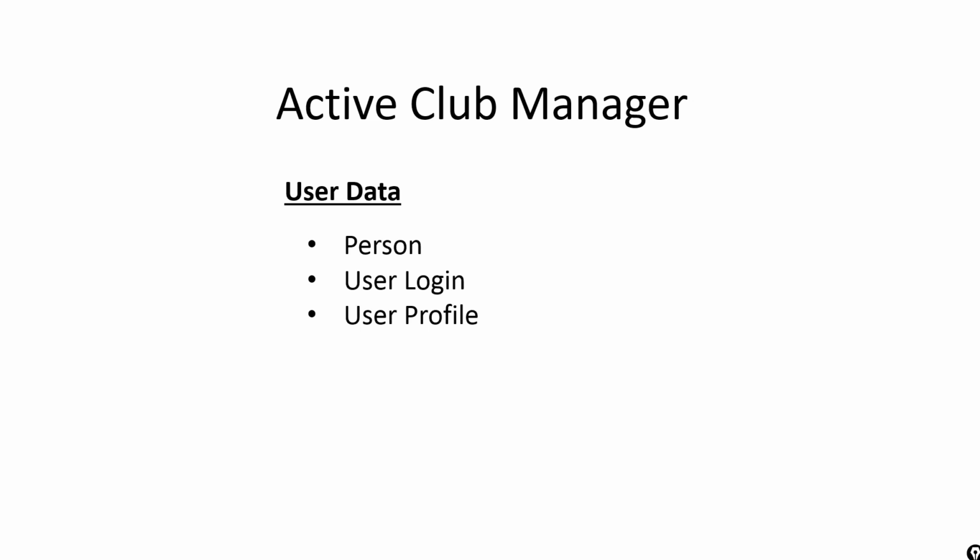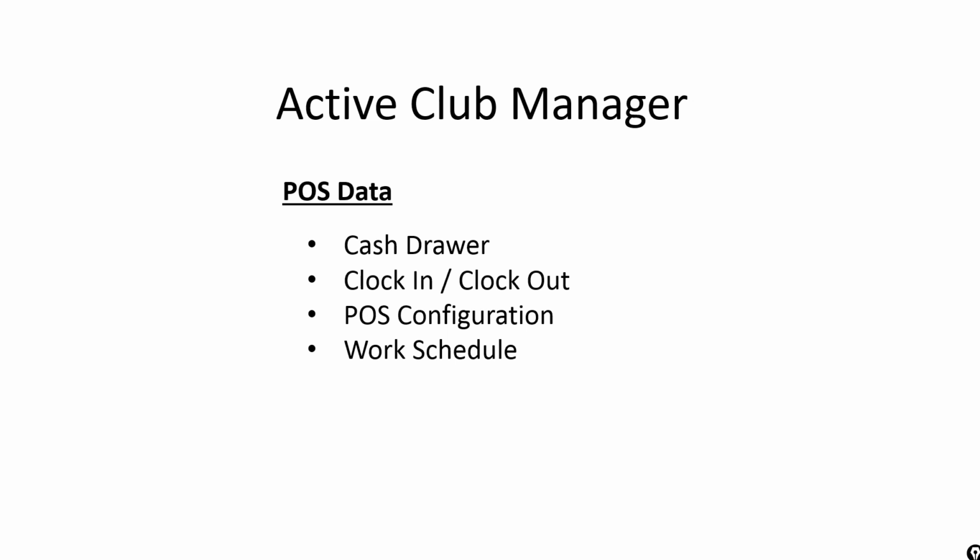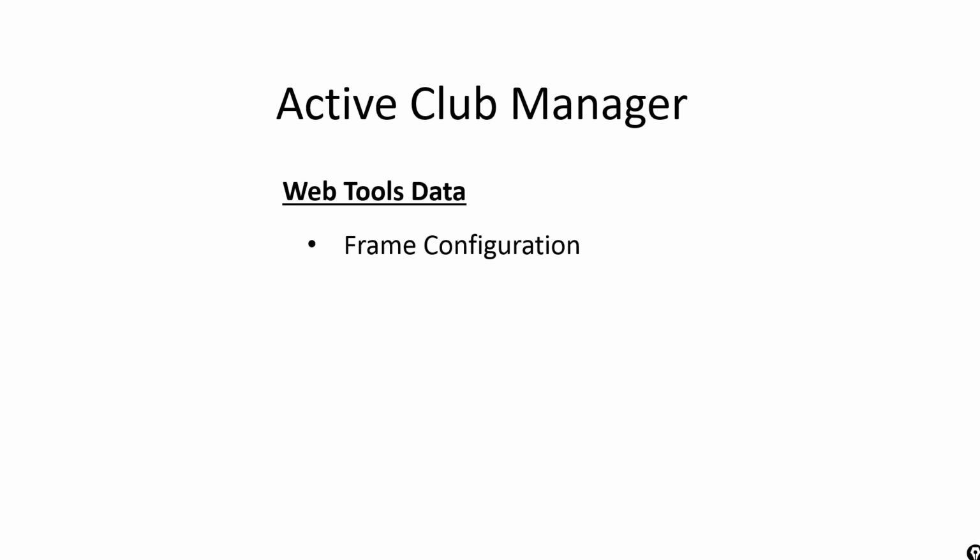We have user data, which is person, user login, and that will cover both POS, cart, and manager, and user profile, which controls who logs in to the database and POS. Then we have POS data: cash drawer, login, clock in, clock out, POS configuration, work schedule. And then web tools data, we have frame configuration.